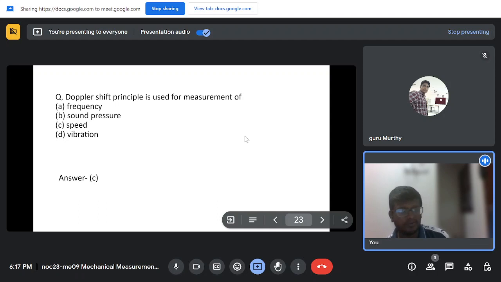If you remember, on roads, if some vehicle is speeding, a traffic policeman uses a gun type of system to measure what speed the vehicle is at. That uses the Doppler shift principle to measure the velocity, the speed of the vehicle. So the Doppler shift principle is used to measure speed.